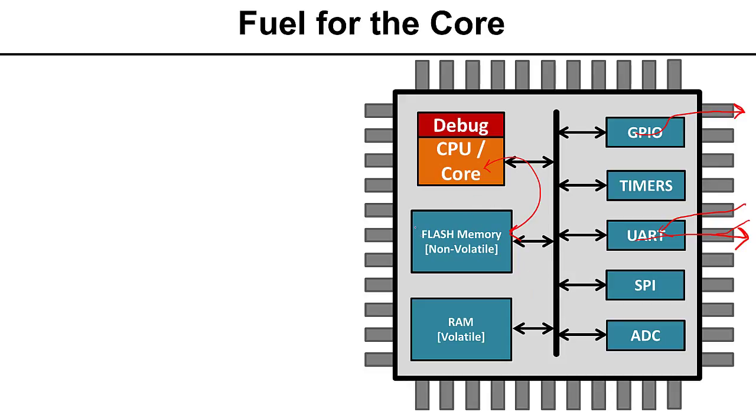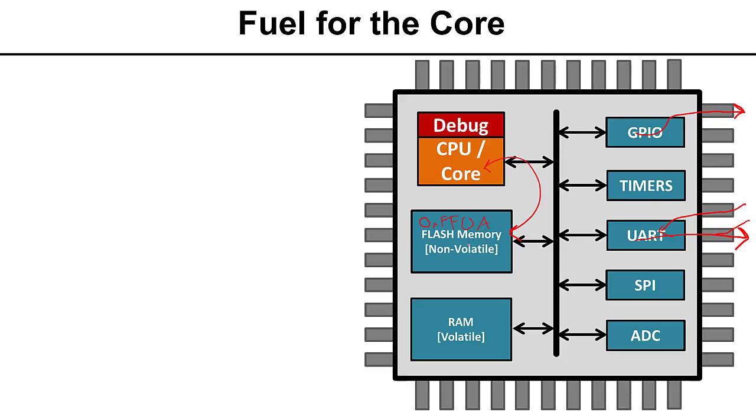But that makes the assumption that we have instructions in here, the actual binary codes that translate into the move instructions, the add, whatever that microprocessor is supposed to do.